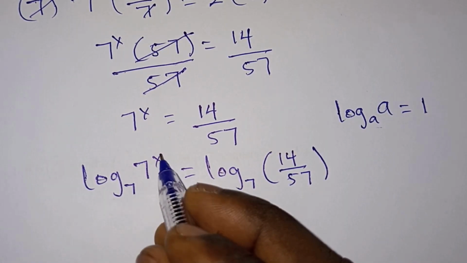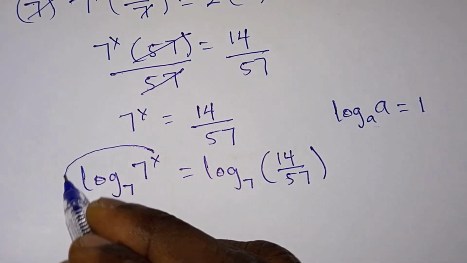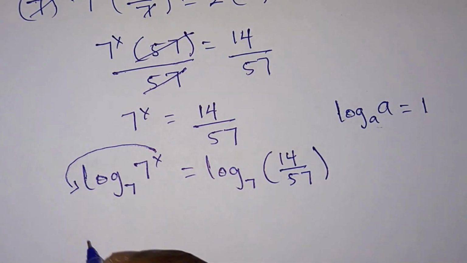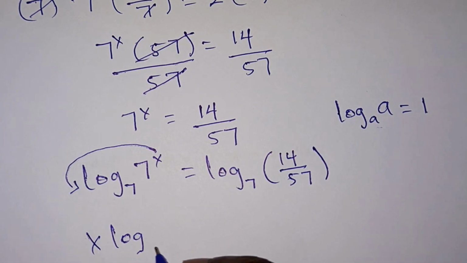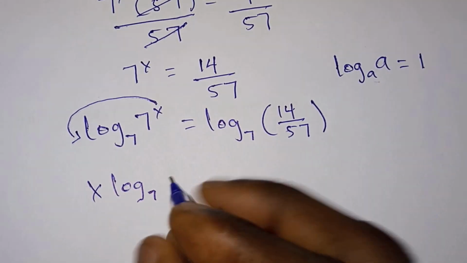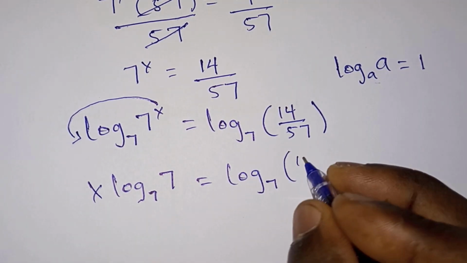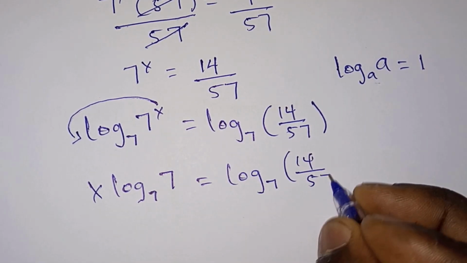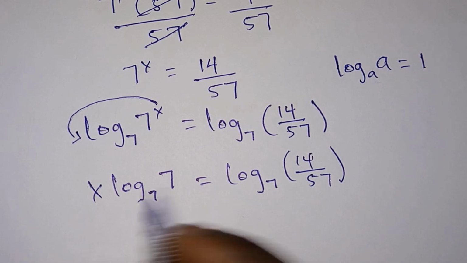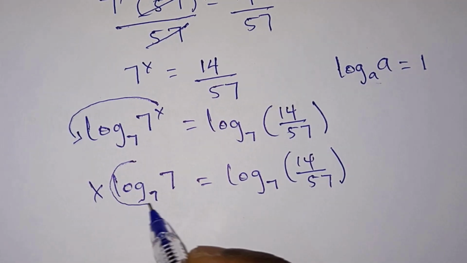Then from logarithm, the exponent now becomes the leading number, right? So we will have x log in base 7 of 7 is equal to log in base 7 of 14 over 57. And as we said here, this whole thing will give us 1.